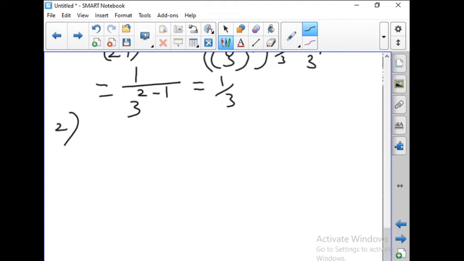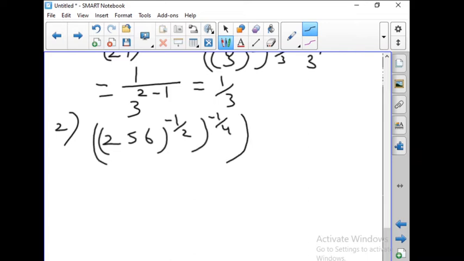Second question, evaluate 256 power minus 1 by 2, power minus 1 by 4, power 3. So 256, using the L division, you know L division.